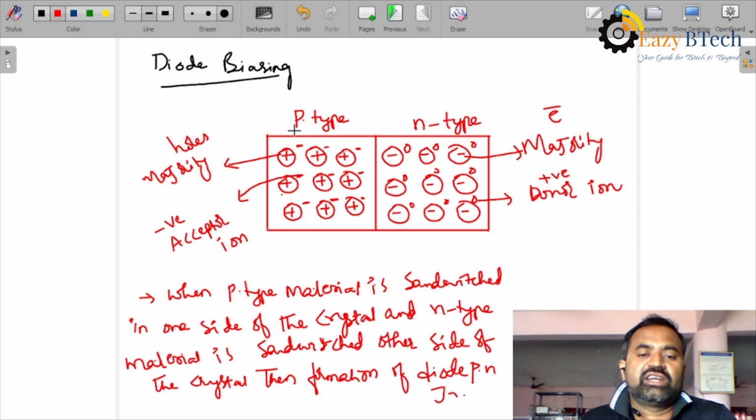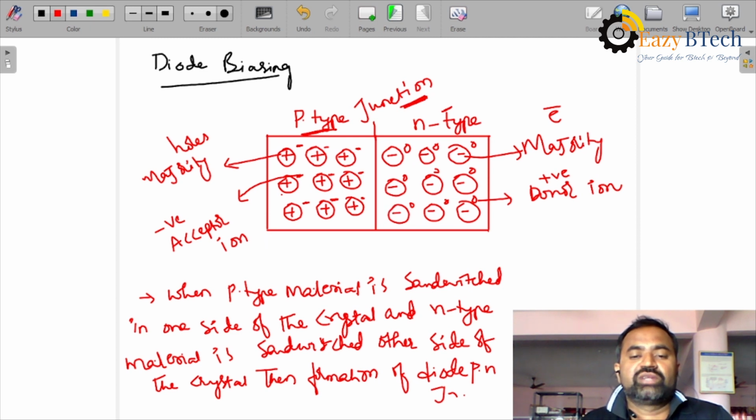In between these we form a junction. This is known as a junction. A junction separates both the materials.